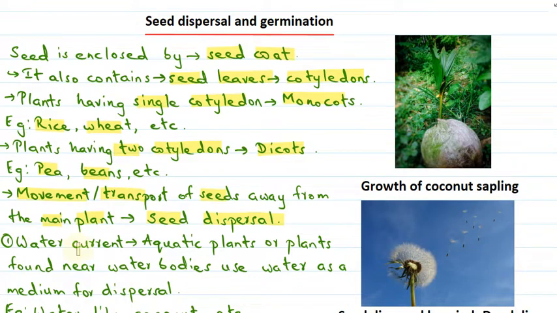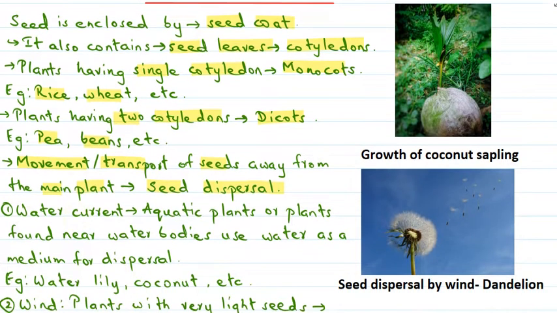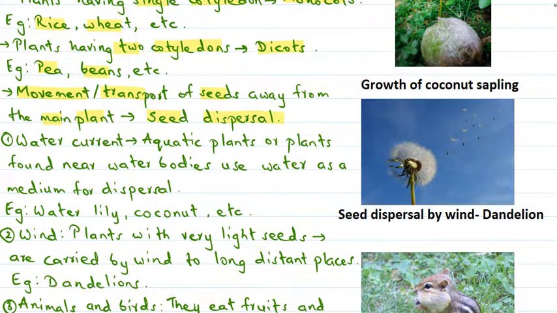First, we talked about the water current and how it helps in dispersion of seed. In case of water current, this helps the aquatic plants or the plants which are found near the water bodies. They use water as a medium for dispersal. For example, water lily, coconut, etc. The seeds float on water and reach different places.